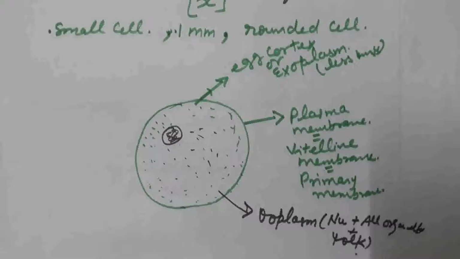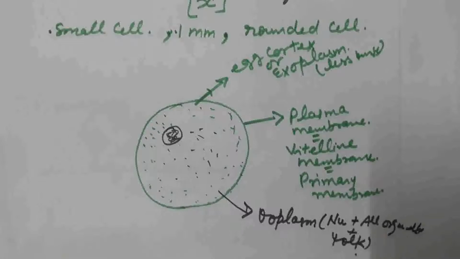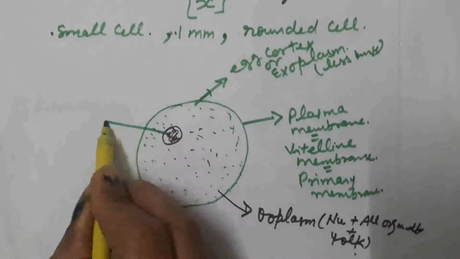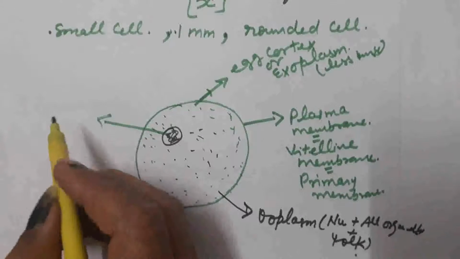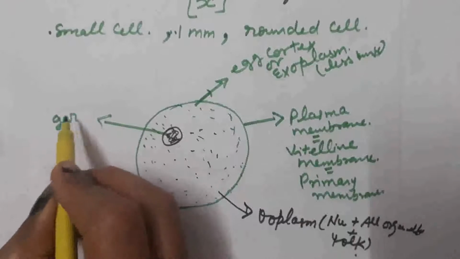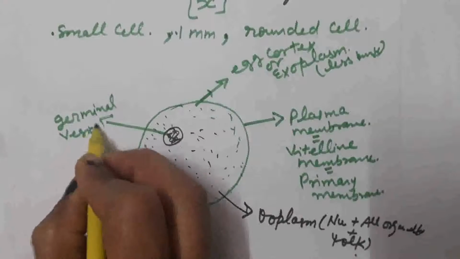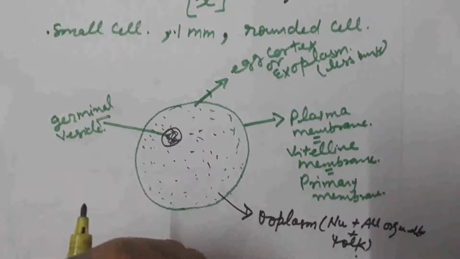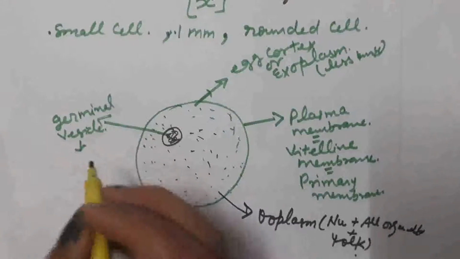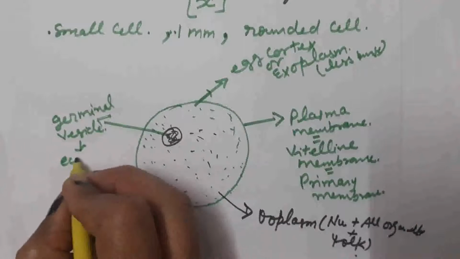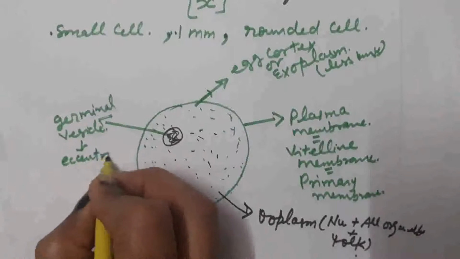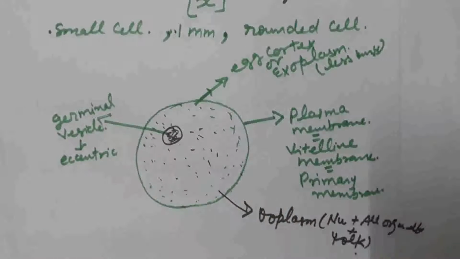Eccentric means it is not present in the center of the egg cell, but is shifted towards one side. The nucleus in the egg cell we call the germinal vesicle, which is eccentric in position, shifted towards one side.